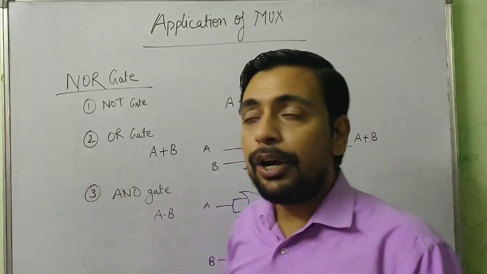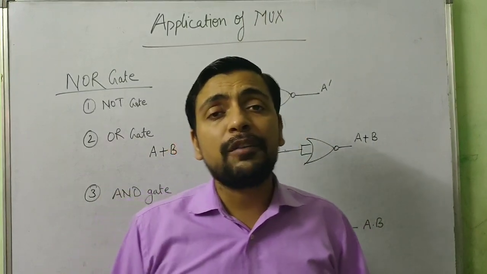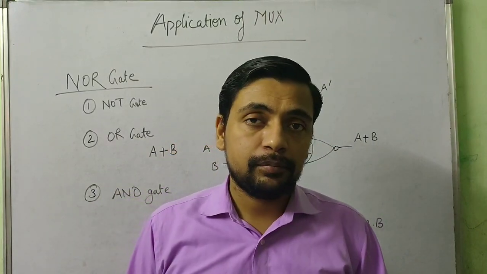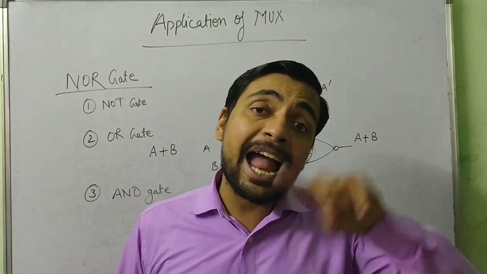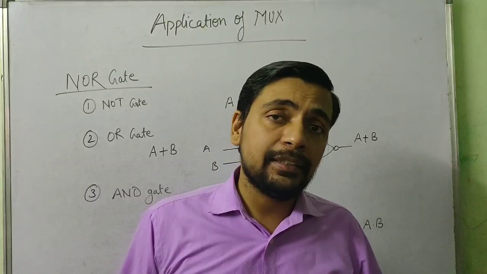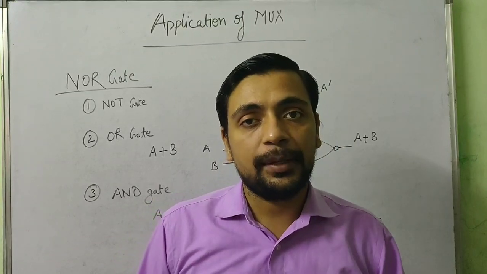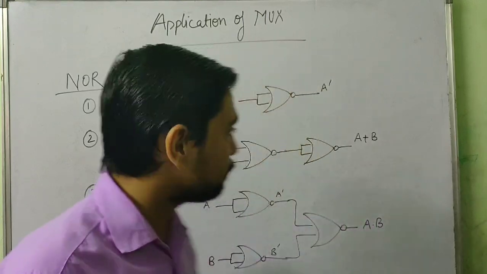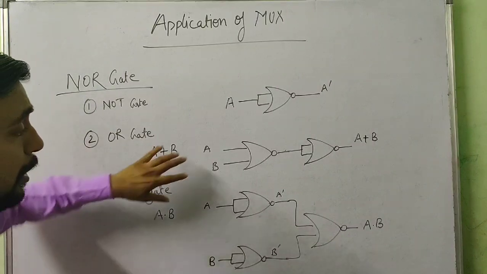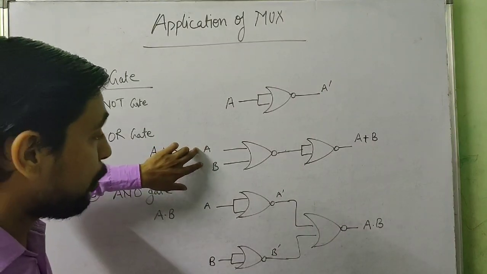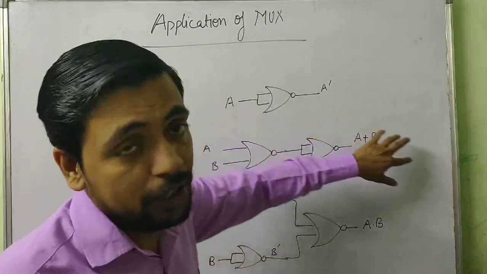Now, in case we need to calculate OR: if you are forming an OR gate with NOR and if you are forming an AND gate with NAND, the steps are almost the same, and their diagram is almost the same. Let me tell you. Here I am forming OR with a NOR. So what I am doing? I am performing a NOR operation on two variables and the result is given to a NOR again.